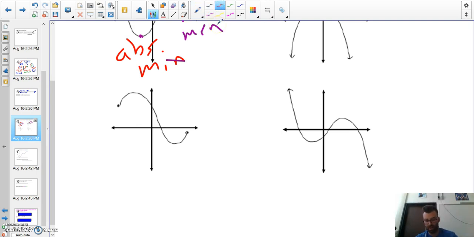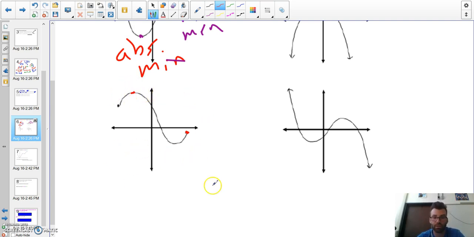Again, let's identify our maximums first. Is this a maximum down here? No. This is a maximum point here. This is not a maximum; this is a maximum. Since there aren't arrows here, you can assume that the function stops. Is this absolute or relative?